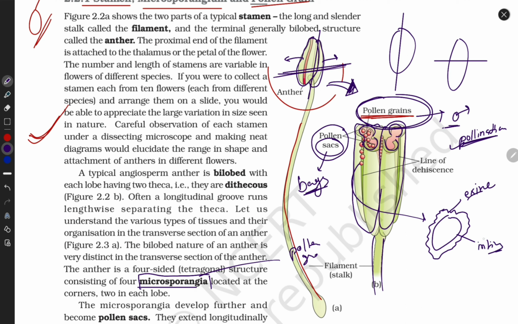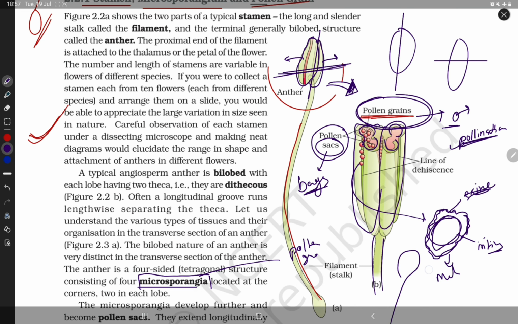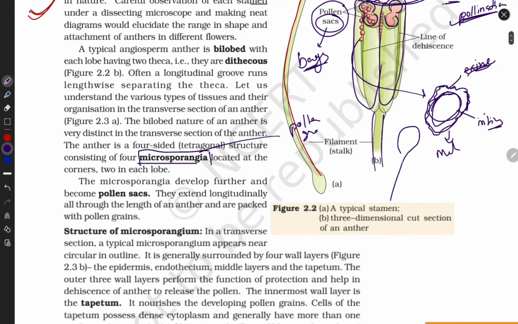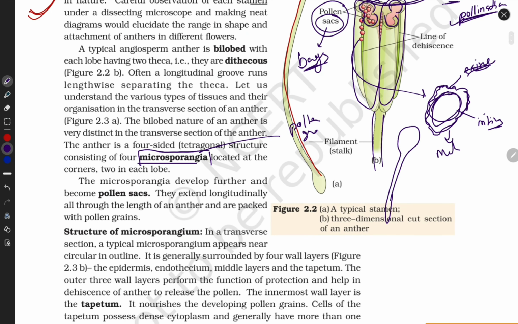According to the book, these terms may vary. After maturation, this layer breaks down. When the condition occurs, the exine layer dissolves and they make pollen tubes, and here they carry the male gamete.